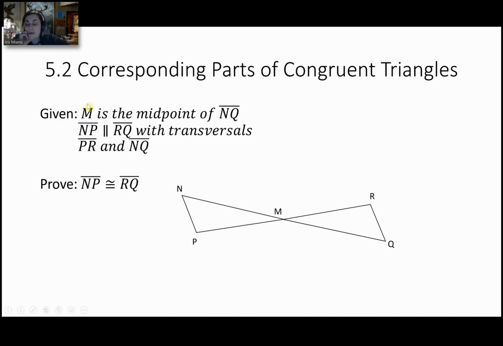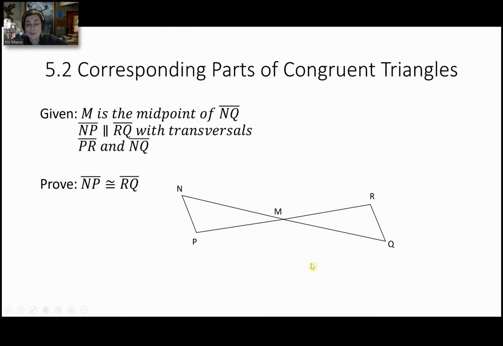The given information specifically says that M is the midpoint of NQ. So we're going to be able to use the definition of midpoint to say something definitive about NM and MQ, giving you a little hint there. That's something we springboard off of this first piece of given information. Next, NP, this edge right here, and RQ are said to be parallel with transversals PR and NQ.